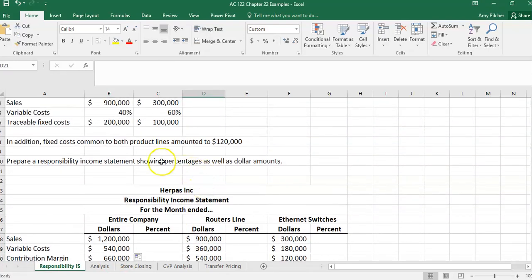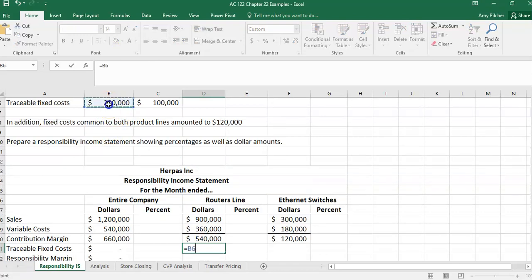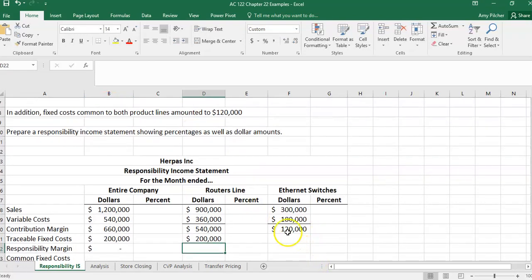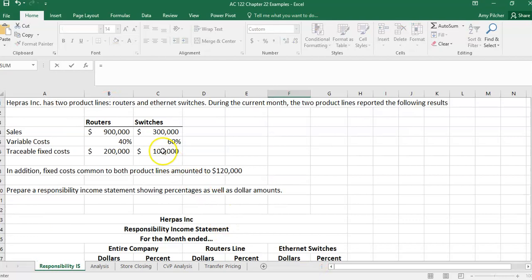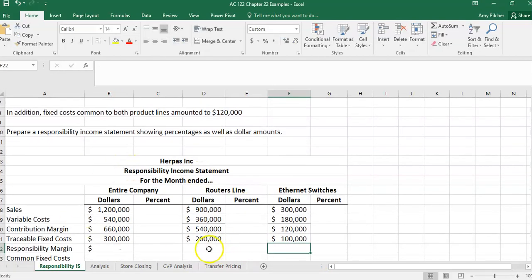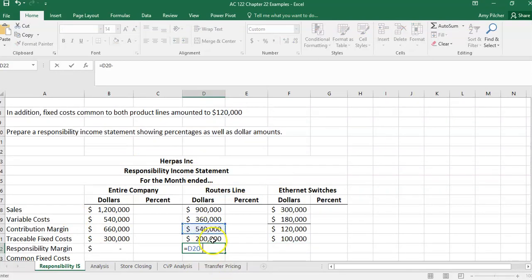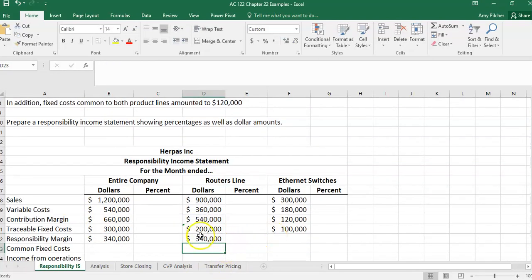Our traceable fixed costs are 200,000 for the routers and 100,000 for the switches, giving us a responsibility margin, contribution margin minus traceable fixed costs, of 340,000 for the routers line and 20,000 for the Ethernet line.